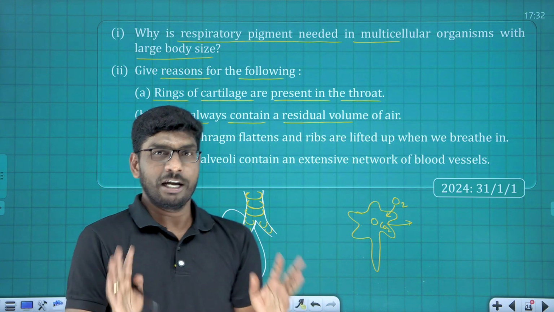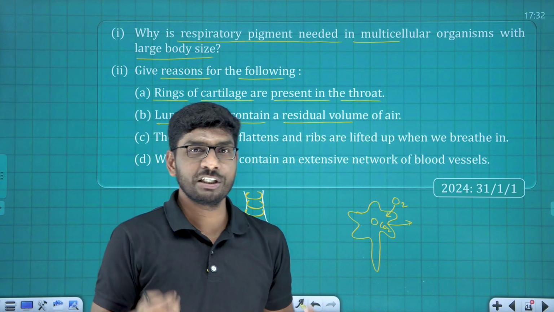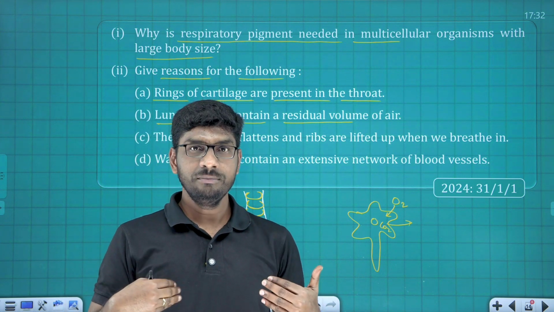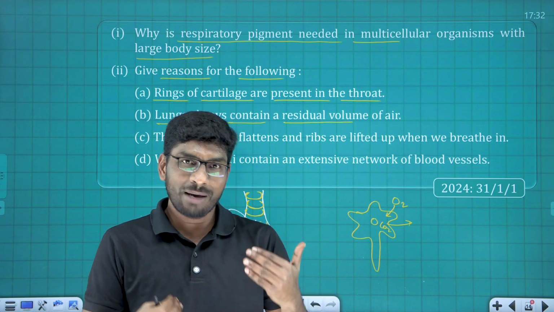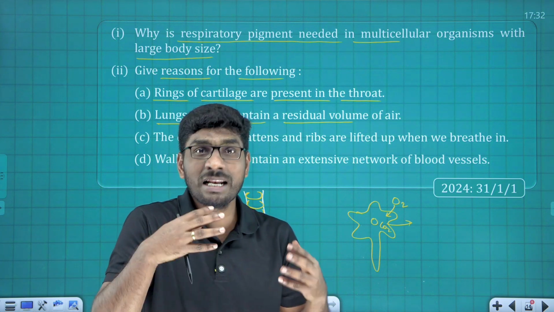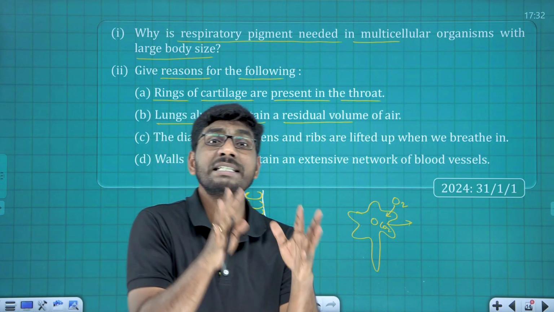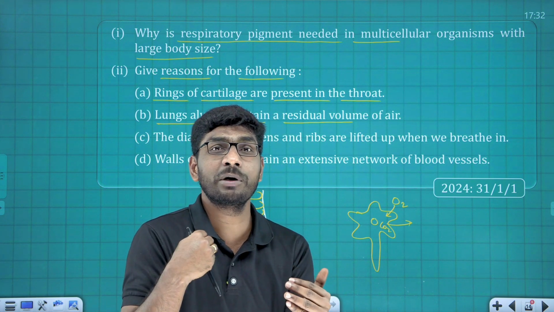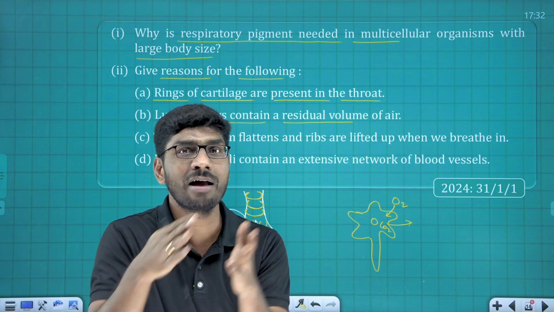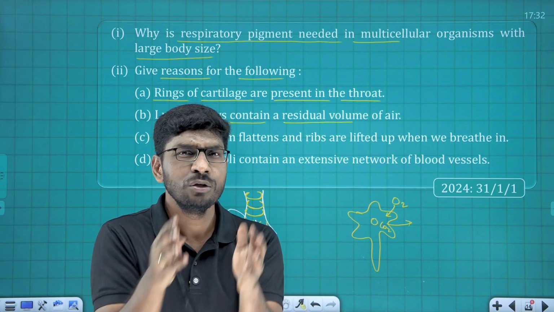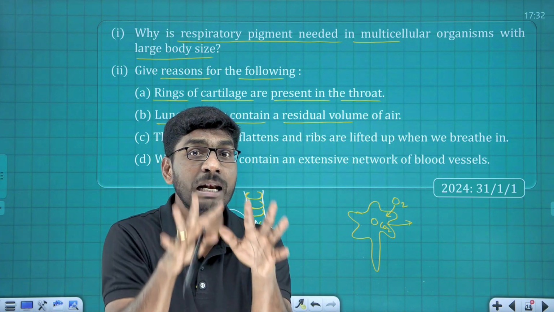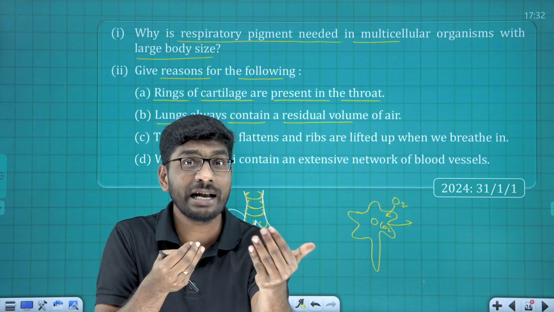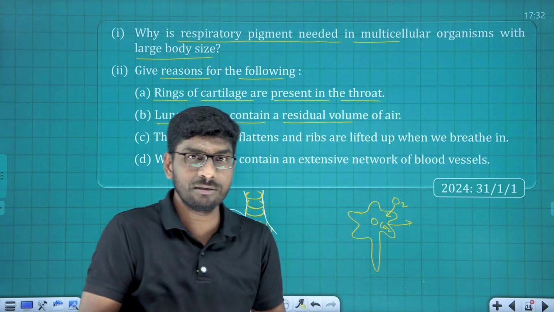Number 2, lungs always contain residual volume of air. Carefully look at it. I'm taking inspiration now. Inspiration, expiration. When I exhale, there is always air present in my lungs which I cannot take out. We call it RV, residual volume. This residual volume helps to absorb and exchange oxygen in the lung.